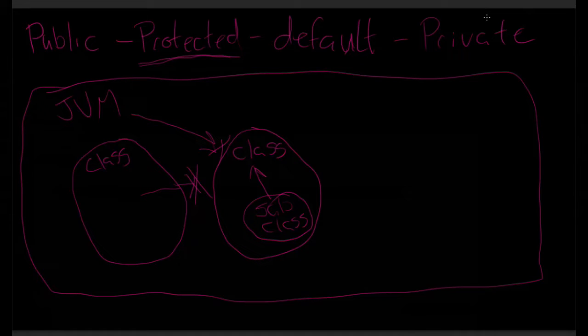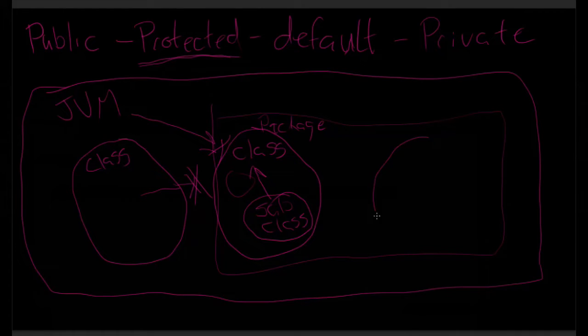Protected, on the other hand, if you take the world out of that, then you have, I guess, if I said package, this is probably more of the package, and in here's your classes. Or we could just do this. So this is the package. We're going to have some examples of this, so it should be a little easier to understand. So this is another class in the package.